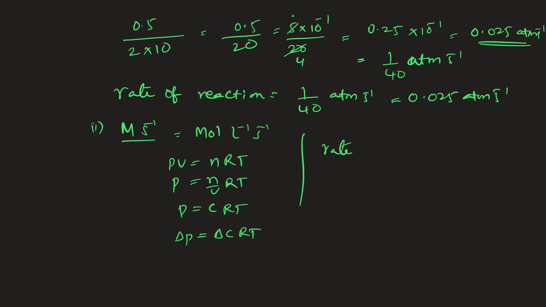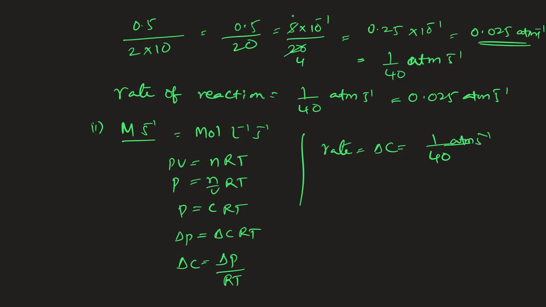So now delta C is equal to delta P by RT. The rate with respect to pressure is 1 by 40.